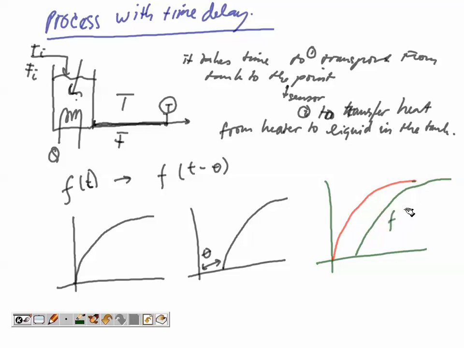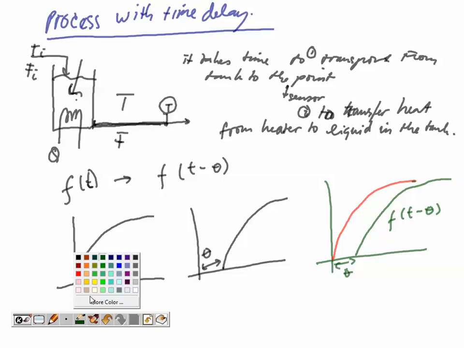Okay, so if I combine in a graph, this is f(t minus theta), because there is a time delay with theta time, and the red one is f(t).